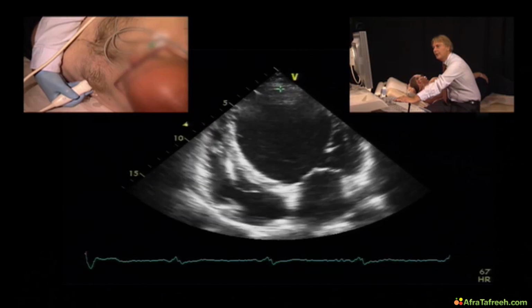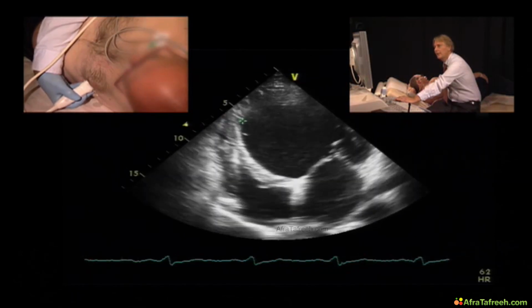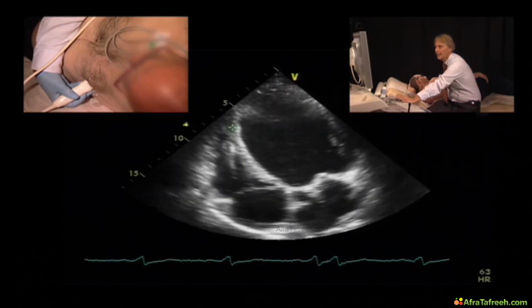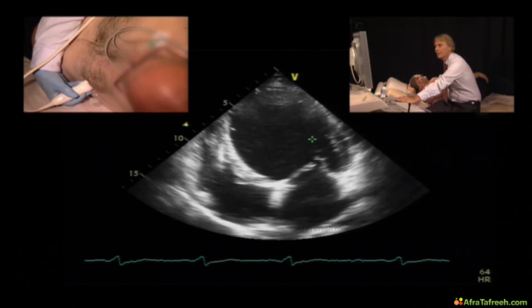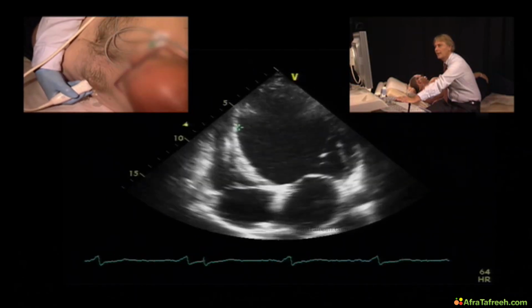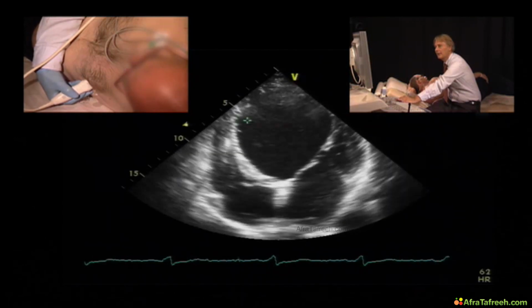Of course, it's always difficult, especially in the setting of dysynchrony, to determine if the motion of the septum is really akinetic or if it is just the consequence of dysynchrony. But in this case, I think it's quite apparent that these segments are less contractile.